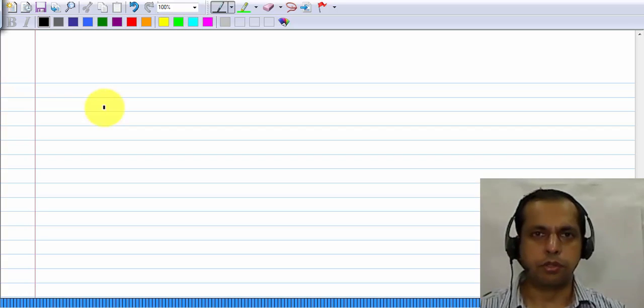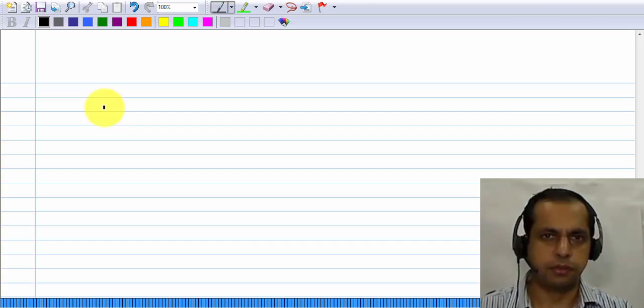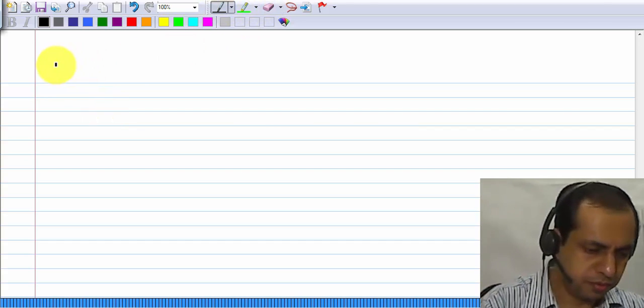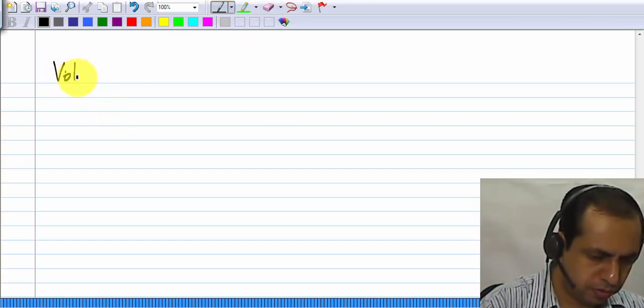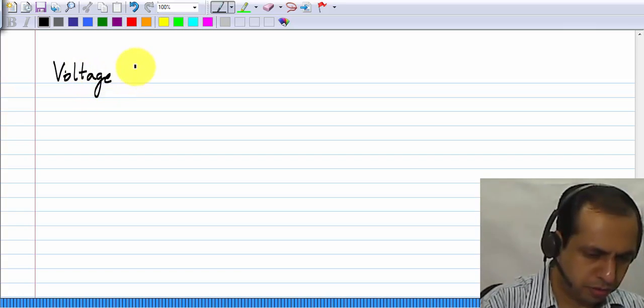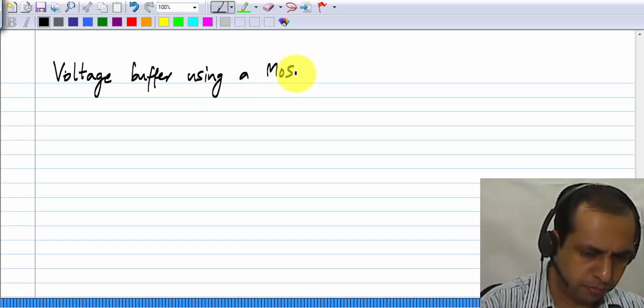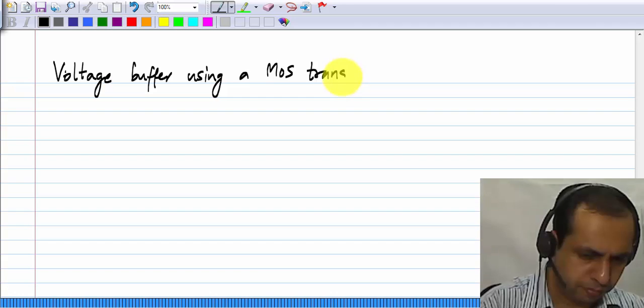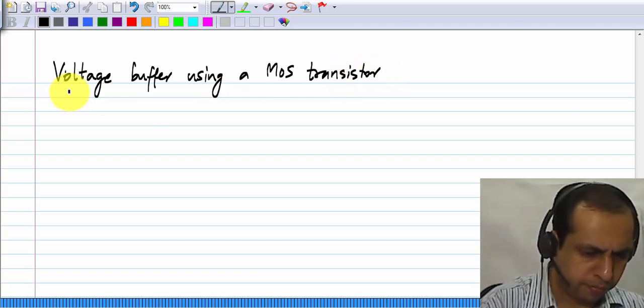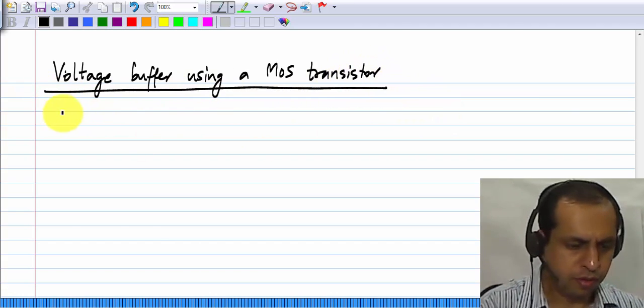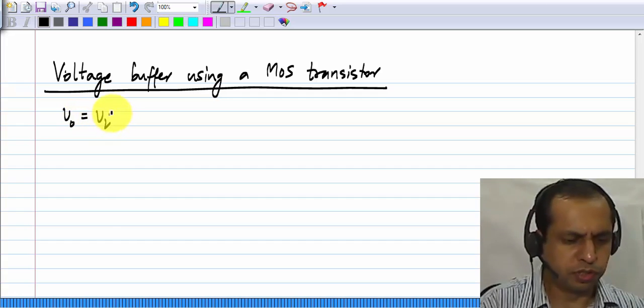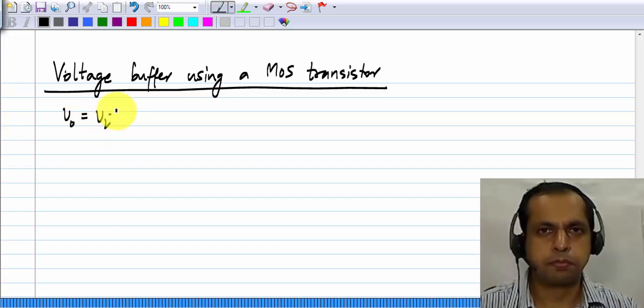Now we will discuss how to realize a voltage controlled voltage source with gain 1, or a voltage buffer, using a MOS transistor. The output voltage should be equal to the input voltage.